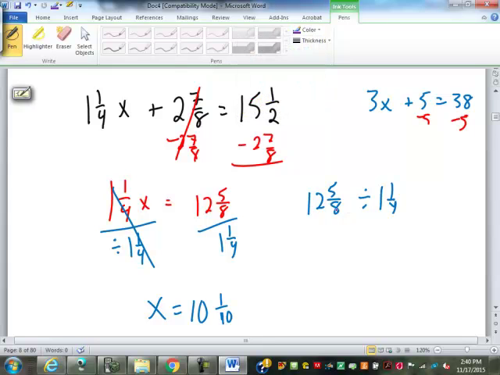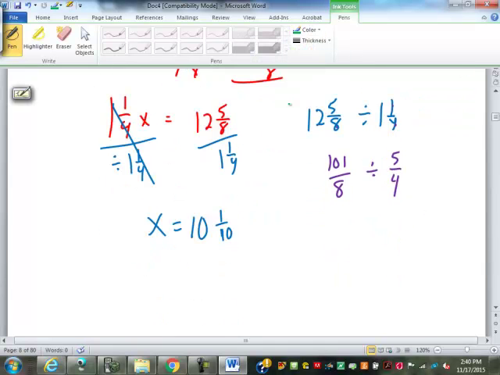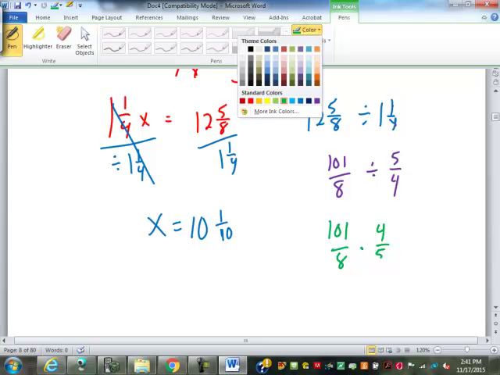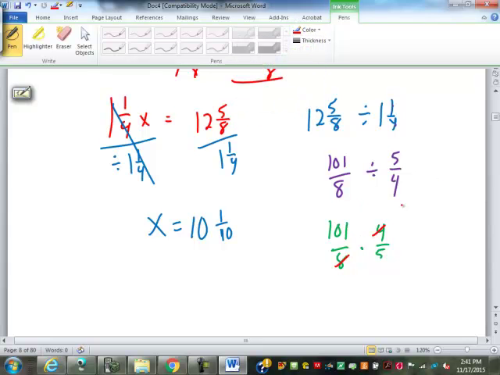12 times 8 is 96, plus 5 is 101/8. Look familiar so far? 1 times 4 is 4, plus 1 is 5/4. So 101 over 8 times 4 over 5. We multiply by the reciprocal. 8 and 4 will both be divided by 4 to give me 1 and 2. So 101 over 10.